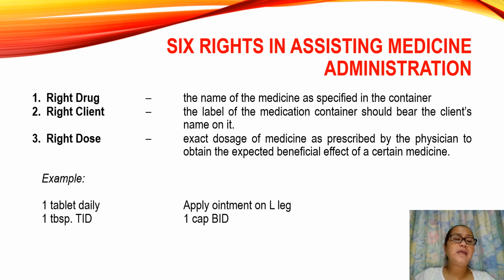Example, 1 tab daily. That is your right dose. Apply ointment on left leg, 1 cup BID. What do you mean by BID? That is 2 times a day. And 1 tablespoon TBSP is TID, meaning 3 times a day.